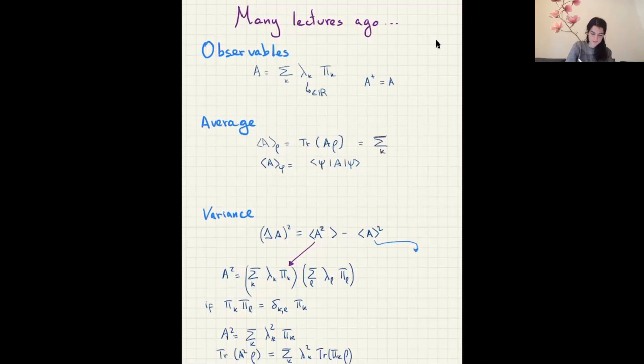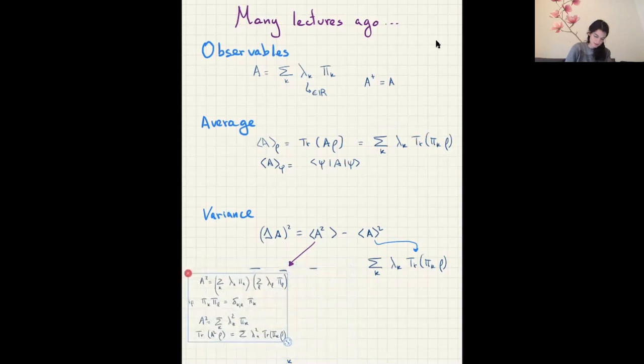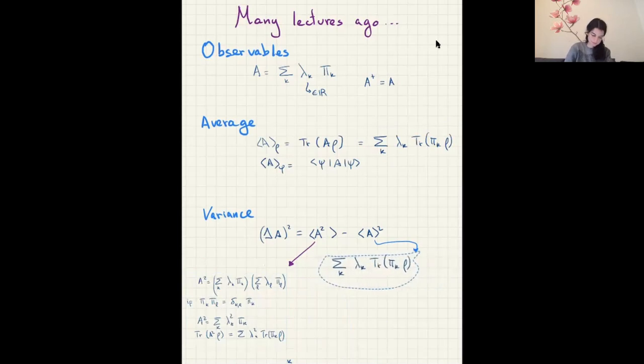So this is the sum over K, lambda K, trace of pi K rho, times the sum over L, lambda L, trace of pi L rho.